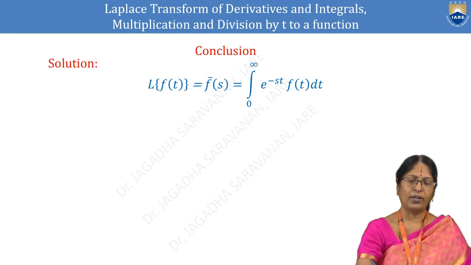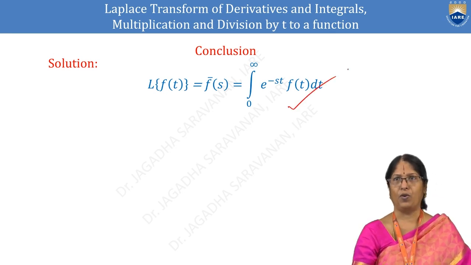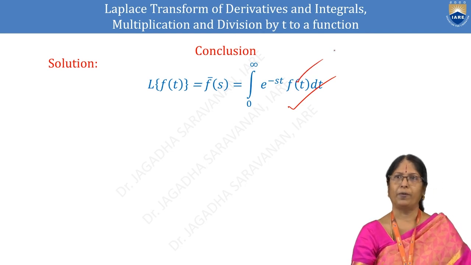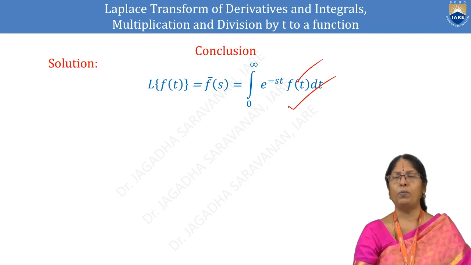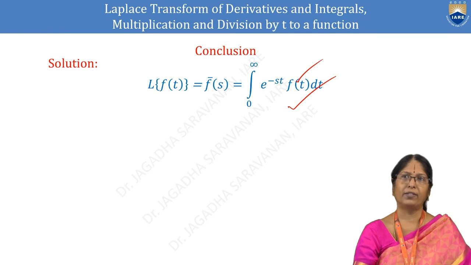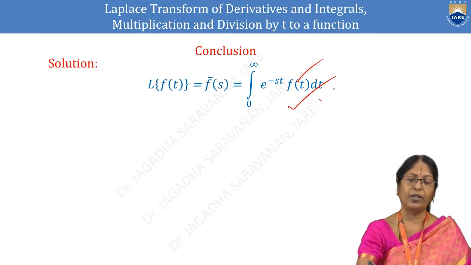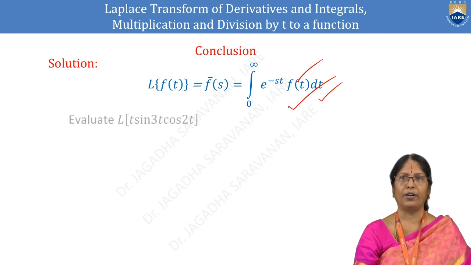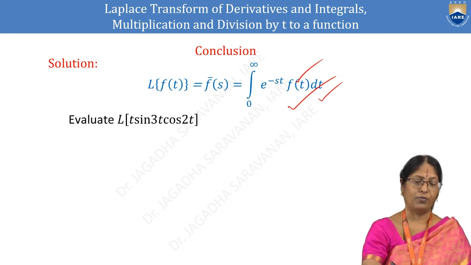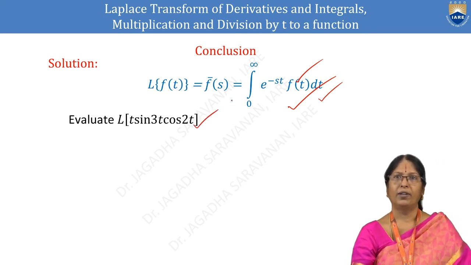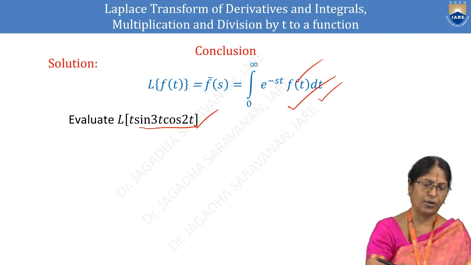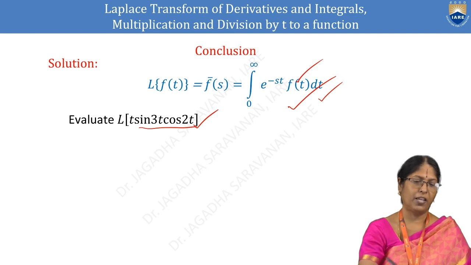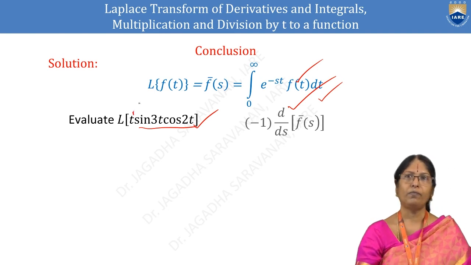First, what is a Laplace transform? The definition: whatever f of t, the function, is multiplied by e power minus st, and we do the integration with respect to t from 0 to infinity. And we have taken a problem with a trigonometric function multiplied by t power 1.